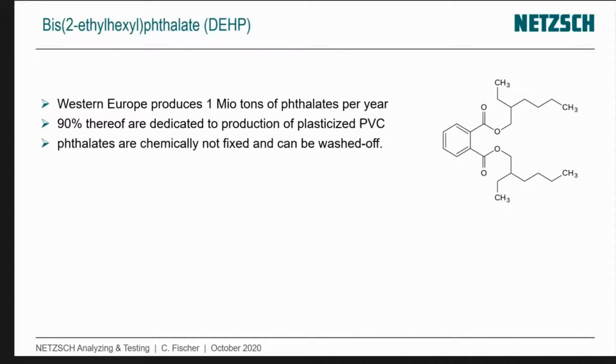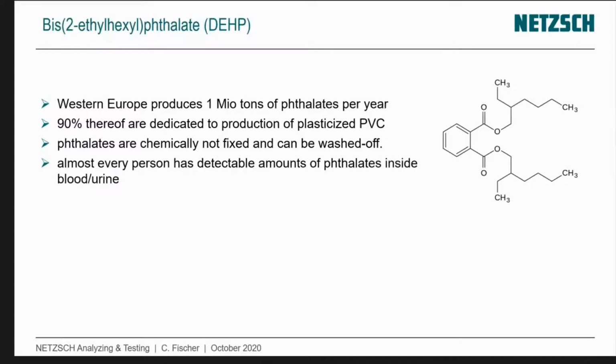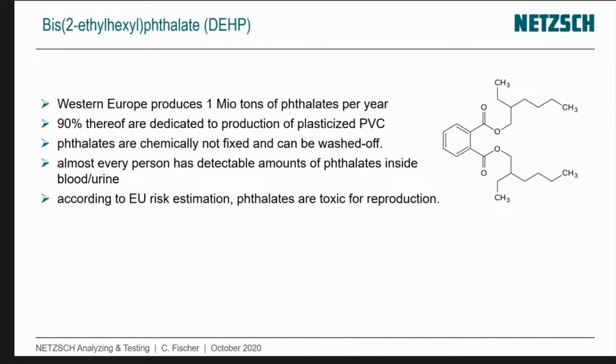Phthalates are chemically not fixed and can be washed off. Almost every person has detectable amounts of phthalates in blood or urine. According to EU risk estimation, phthalates are toxic for reproduction.